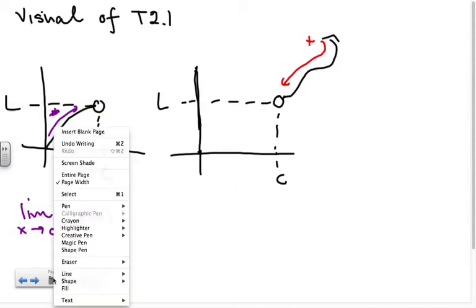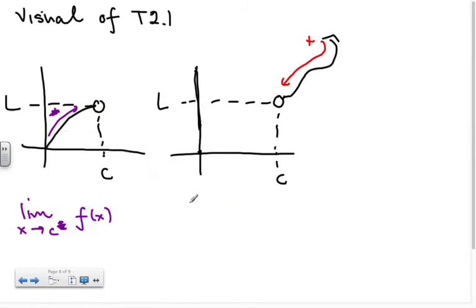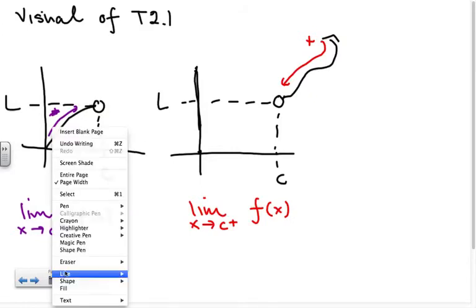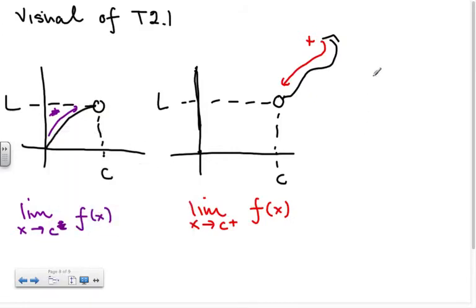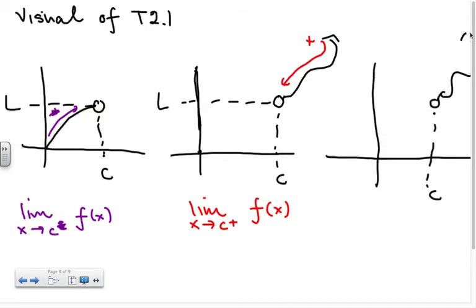So let's put it correct. Alright, and so this is the left limit, this is the right limit, and then together, combining them, they form one proper limit at C. Can't really draw, but it's supposed to be the two different functions together.